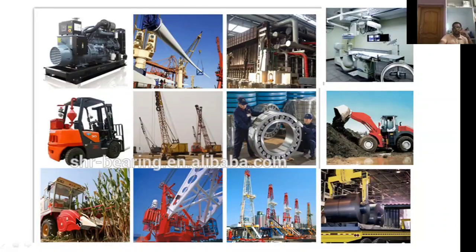Bearings are also used in agriculture machines, that is harvesting machines. This is a harvesting machine. And bearings are used in JCBs, that is cranes. This is an example of real application in mechanical workshops.